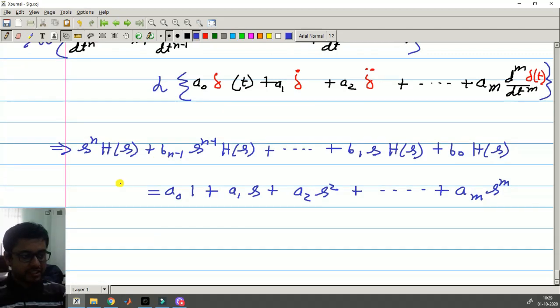Now from this you can easily write H(s) equal to this right side.